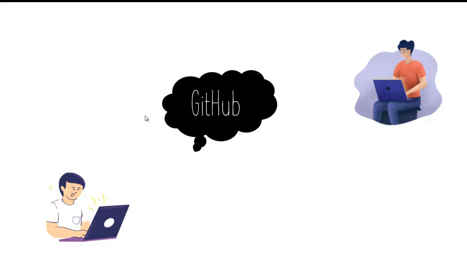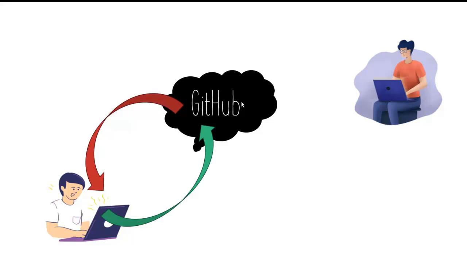So you just have to remember this particular scenario that we have discussed. Here's you and here's your friend. In the middle, we have the central repository, which is available on GitHub, which means it is in the cloud. Right now, the latest code is available on GitHub, that we have assumed. So you will pull the latest code from GitHub, work on adding a new feature, and then push your changes back to GitHub, right?